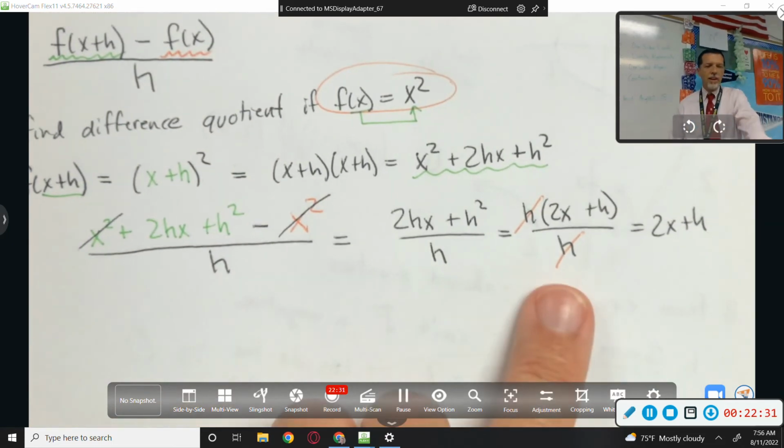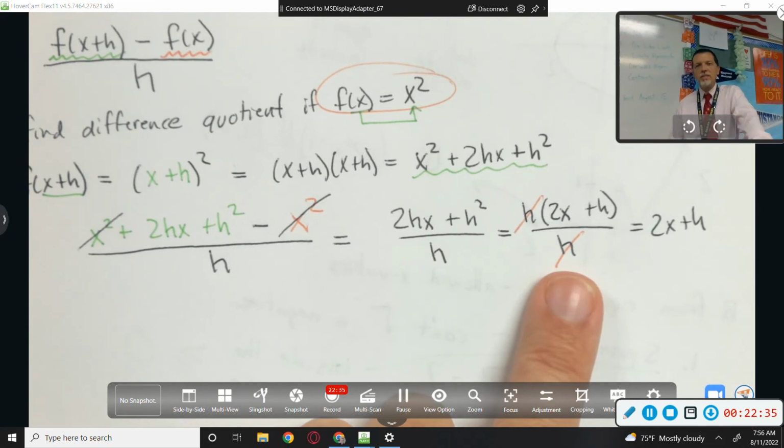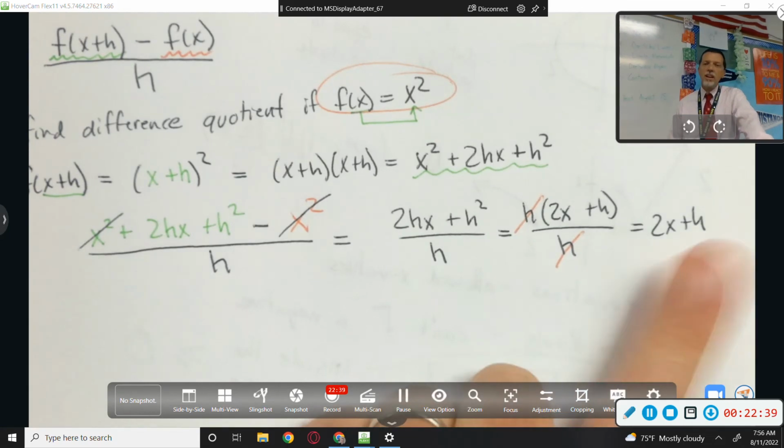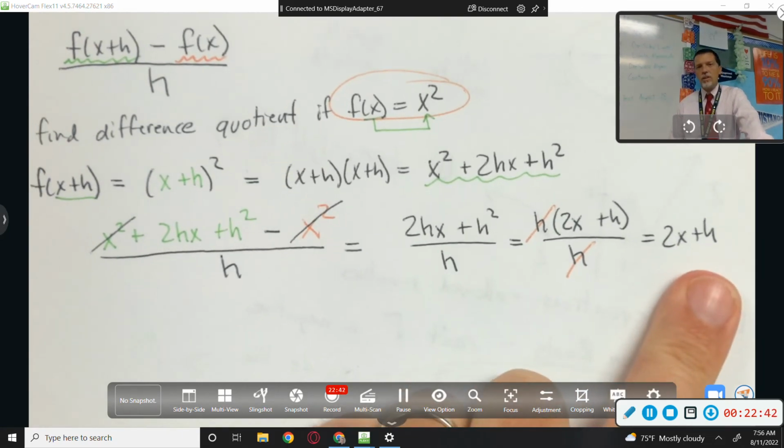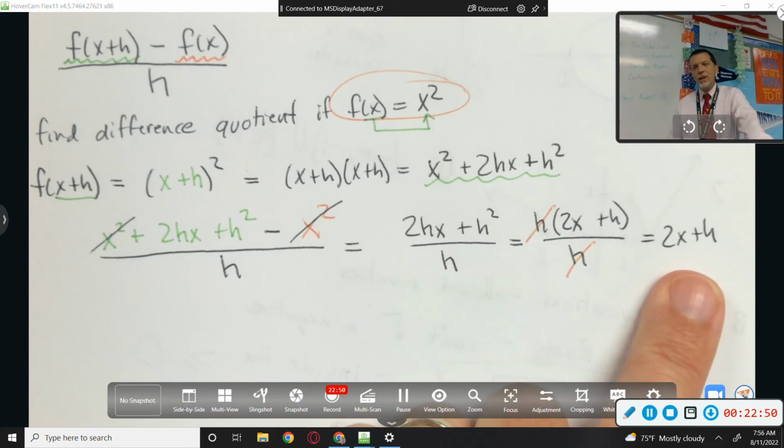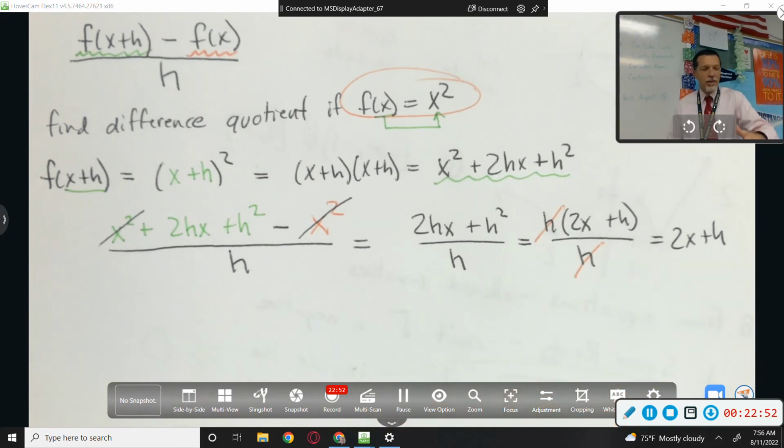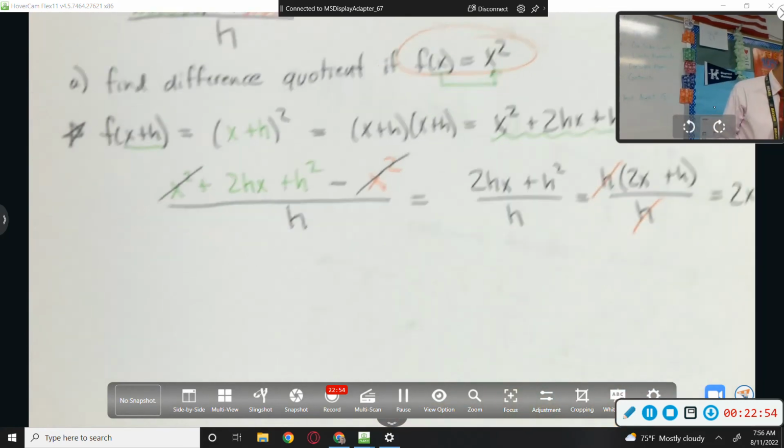So again, that second to last step, helpful for some, unnecessary for others. Leave it up to you. So there's the answer we're looking for. That's the difference quotient, 2x plus h. Why we do this, that has a lot of meaning in calculus. Doesn't have much meaning in pre-cal, but we've got to make sure we have all the algebra down before we get to calculus.